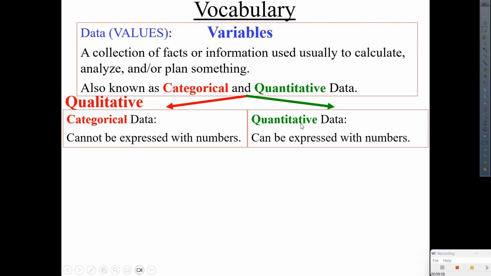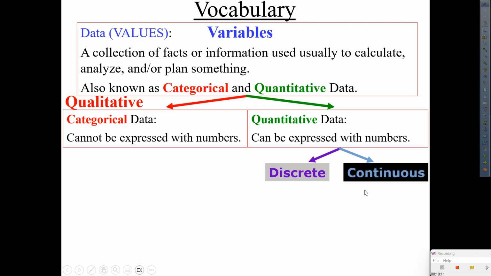So on this side, quantitative data can be expressed in two different ways, known as discrete or continuous. Write that down, please. Discrete or continuous.